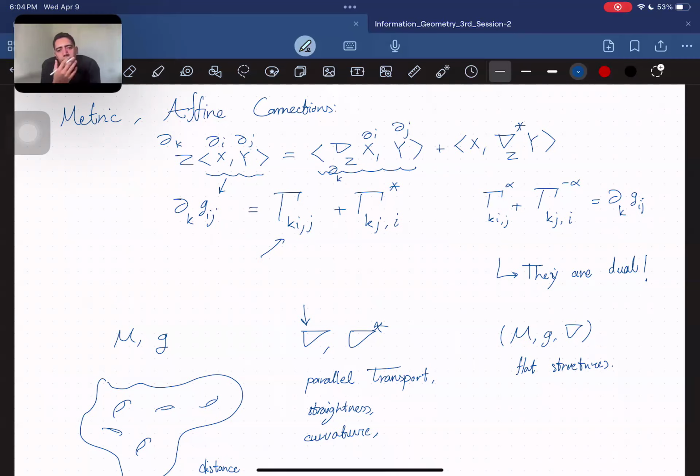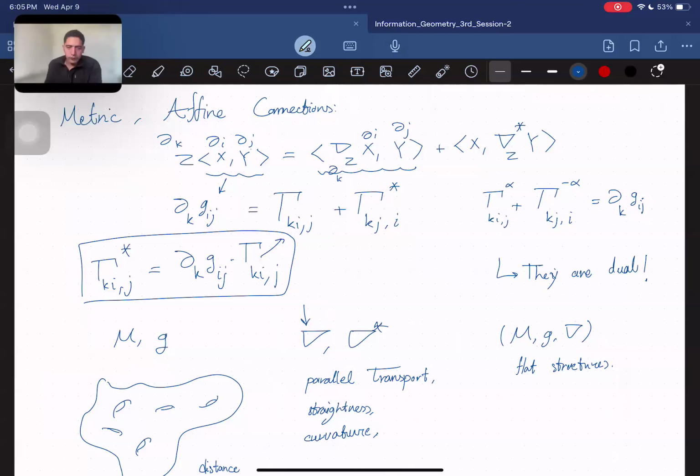And to have a dual connection, you put this to be equal. This thing we assumed is smooth, and this thing is also smooth with respect to each point.